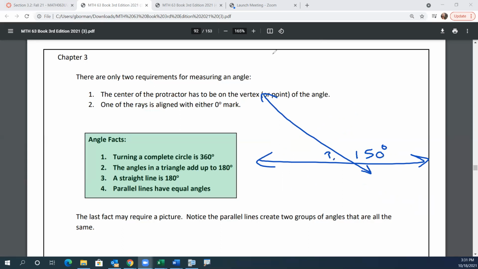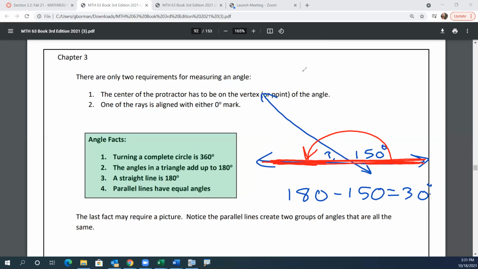Well, I know that the whole thing is a semicircle, or in other words, the line I start on and the line I end on are all one straight line, hence the straight line rule. And therefore, it'll be the entire 180, half a circle, minus the 150 I know, and that'll leave me 30 degrees.